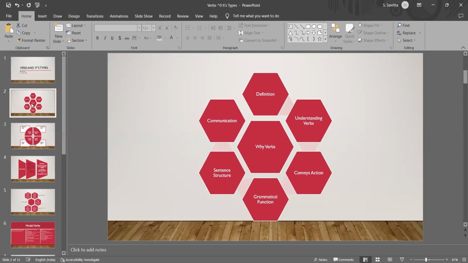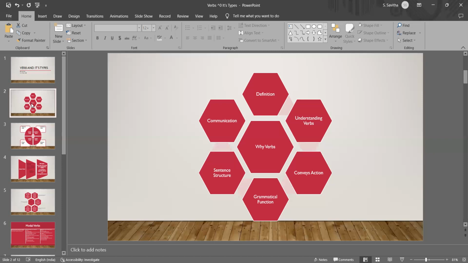Why do we need to understand verbs? Because verbs are an essential part of language and communication. To convey a meaning or an action in sentences, they play a very important role.